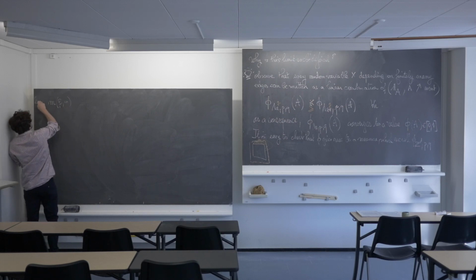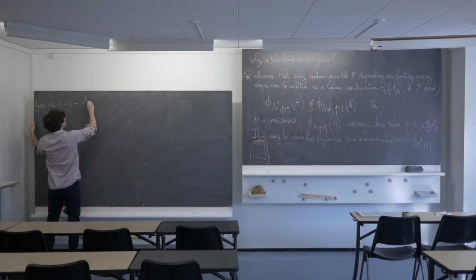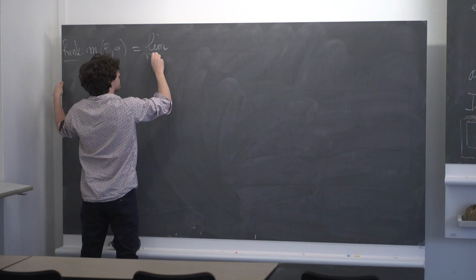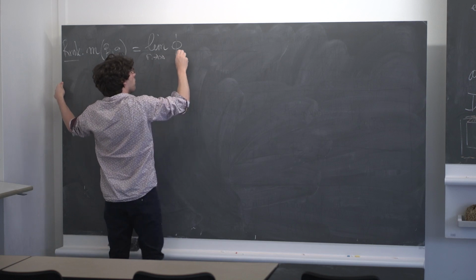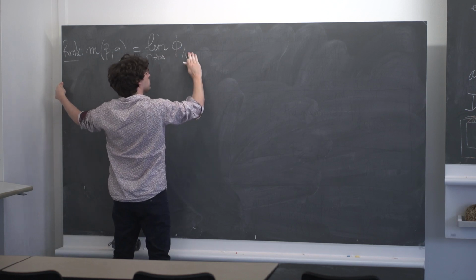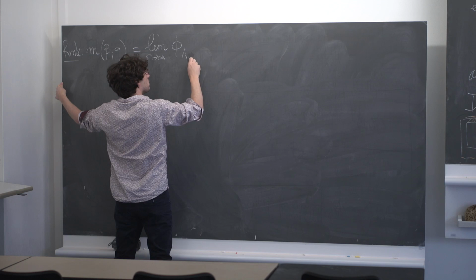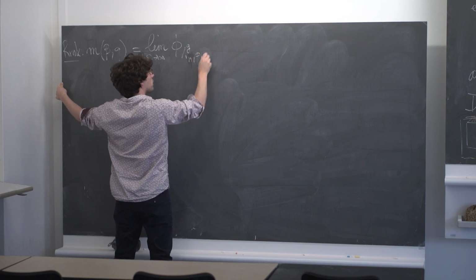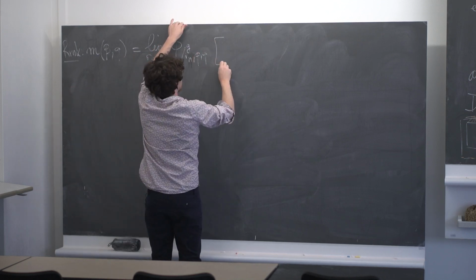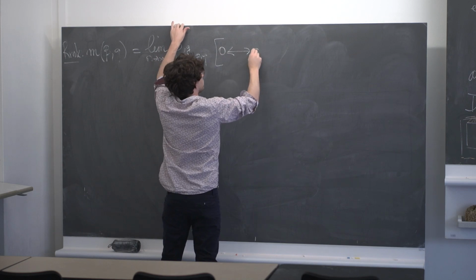So this is a remark, but a very important one. The magnetization was the limit when n tends to infinity of phi lambda n ghost PQ of 0 connected to the ghost.